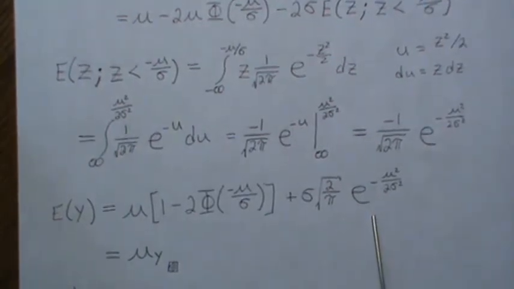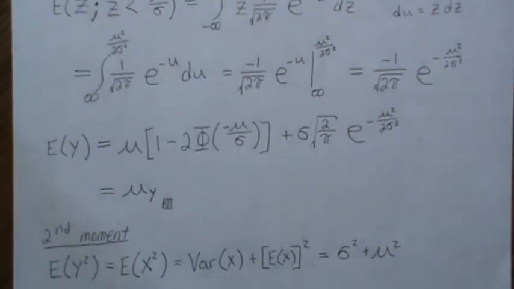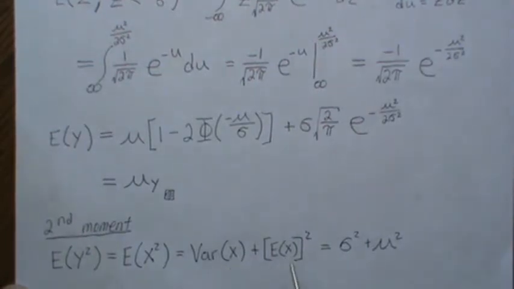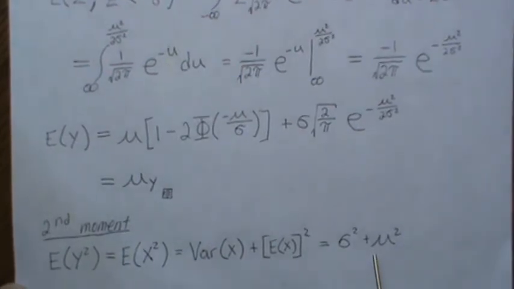That's the answer. Now, to look at the second moment, y squared is equal to the absolute value of x squared, which then you can take away the absolute value. But the expected value of x squared is equal to the variance plus the mean squared. Well, that's equal to sigma squared plus mu squared. Okay?